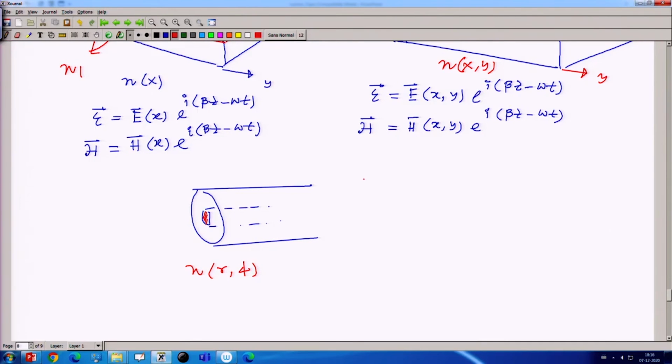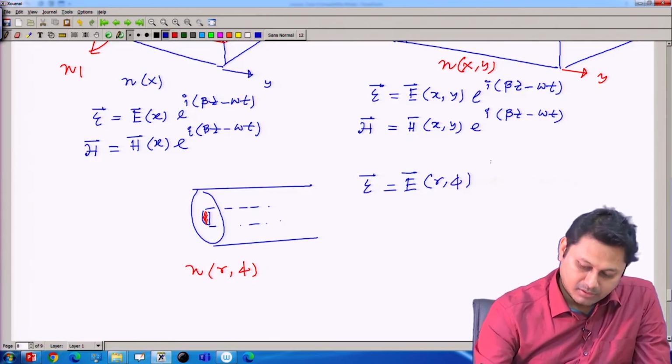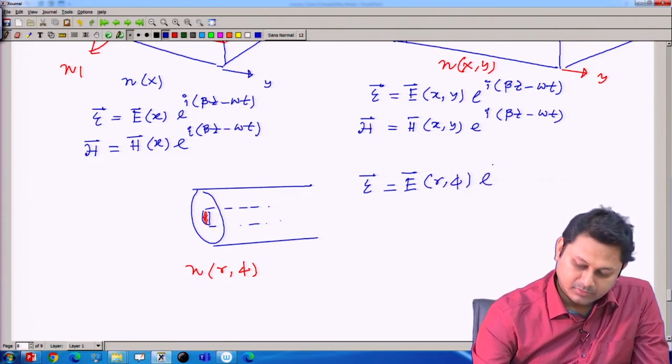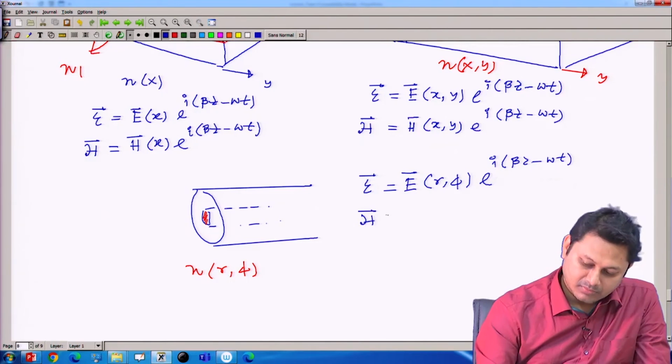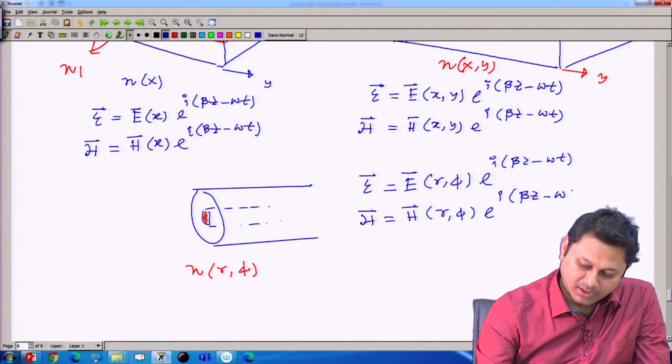So, here I can write my electric field in this structure as E as a function of r, phi, e to the power of i beta z minus omega t, and my H as H of r, phi, e to the power of i beta z minus omega t.